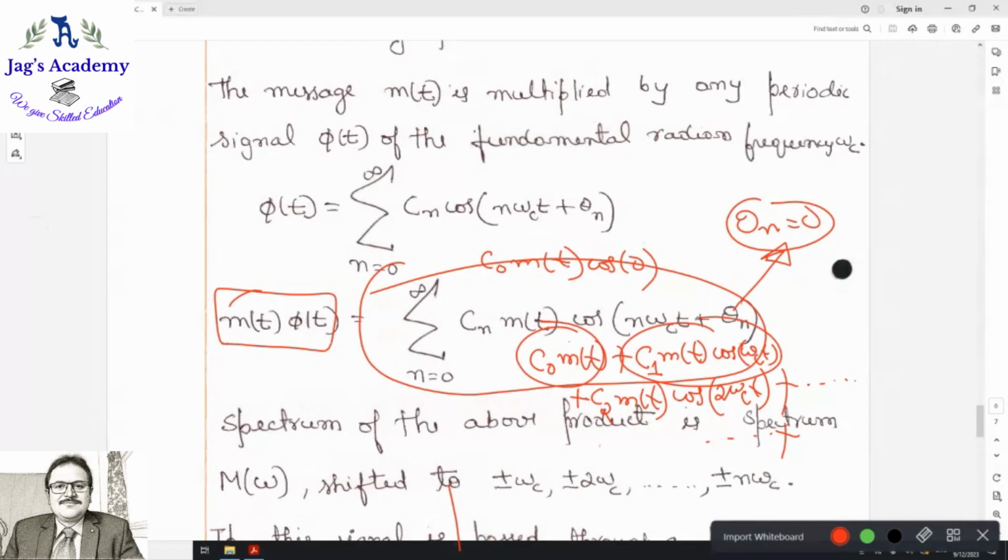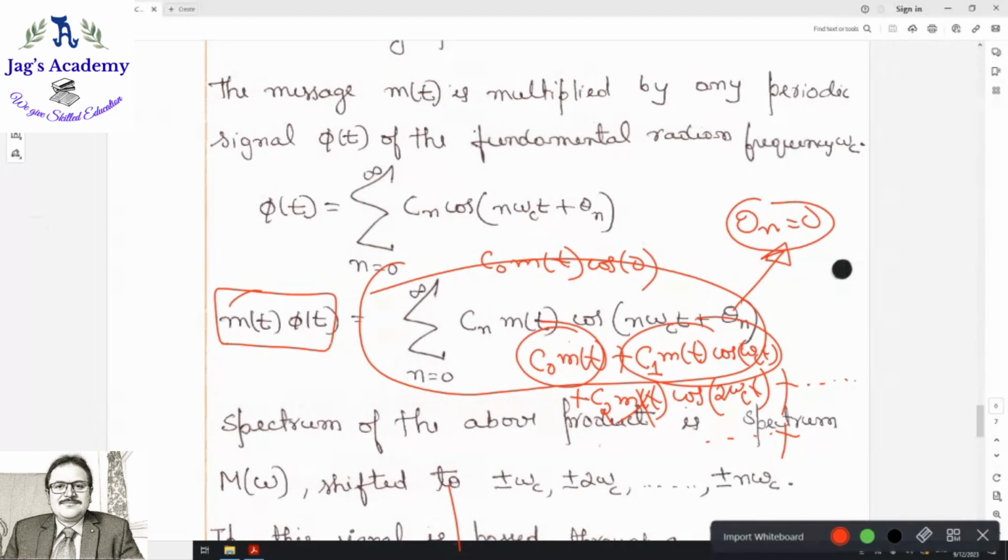Yes. Why is this not your EM wave? Because 2 omega c, then 3 omega c, 4 omega c. That means this particular equation, if you expand it till infinity, will have a baseband component, will have your required EM wave, and these are all not required because here you have 2 omega c.